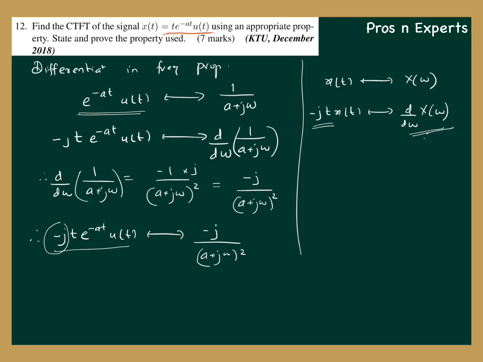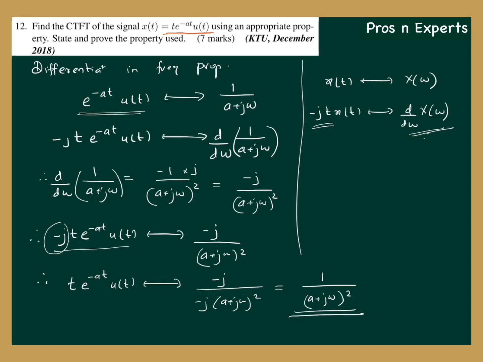Okay, so therefore finally t e raised to minus at u of t will have a Fourier transform minus j divided by minus j into a plus j omega the whole square, that is 1 by a plus j omega the whole square. That turns out to be the final answer.